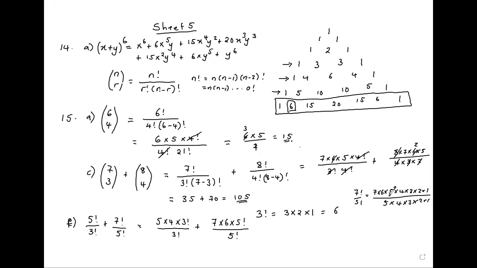And then you start cancelling: 5 in 5, 4 in 4, 3 in 3, 2 in 2, 1 in 1. So to avoid that, it's the reason why we just end the factorial there and then come down and say, okay, this and this will go. 5 times 4 is 20, plus this and this will go, 7 times 6 is 42. And then you add the 20. So 42 plus 20 gives us 62.